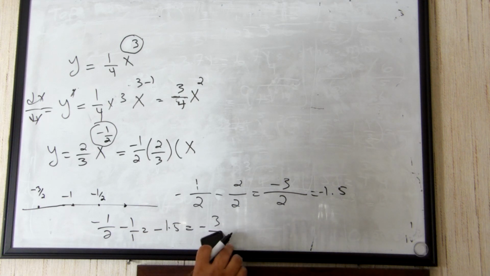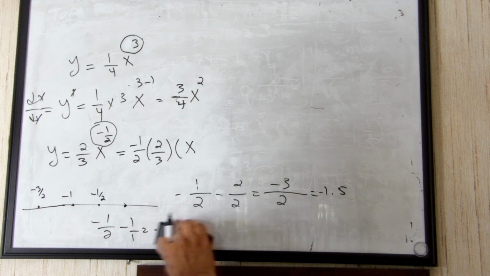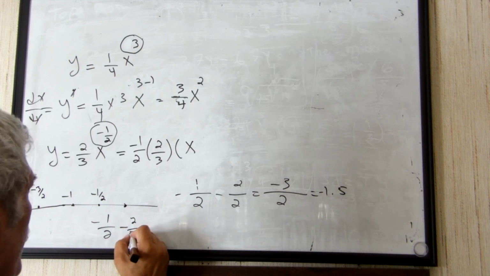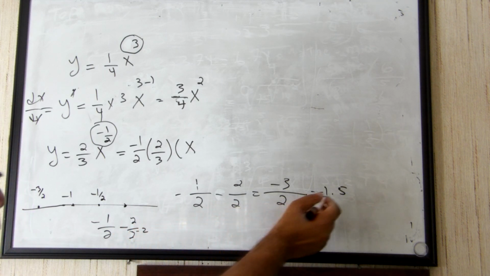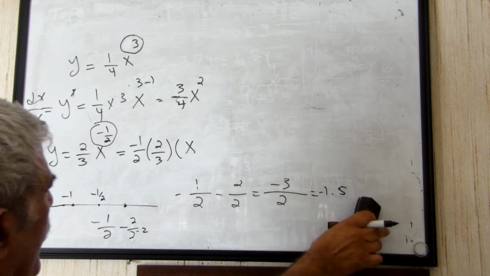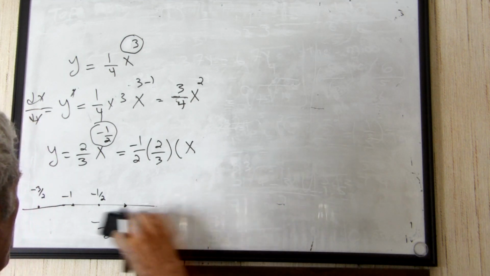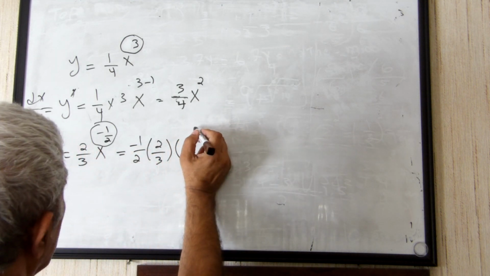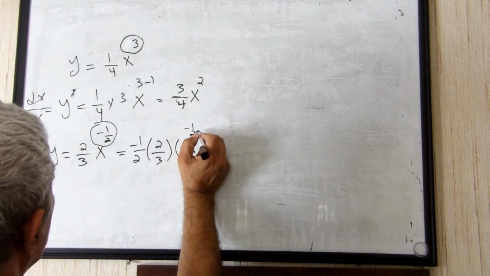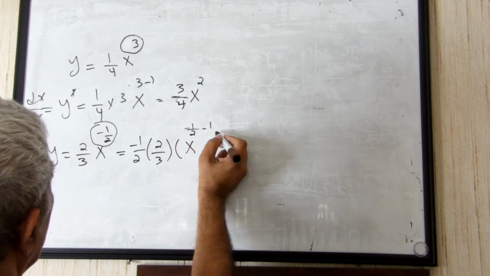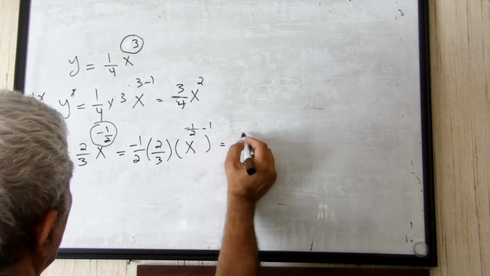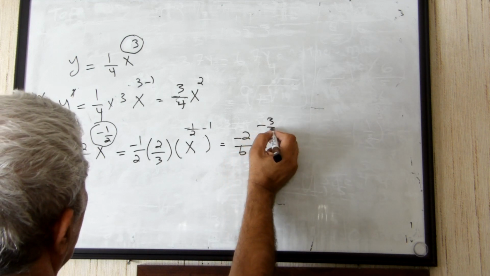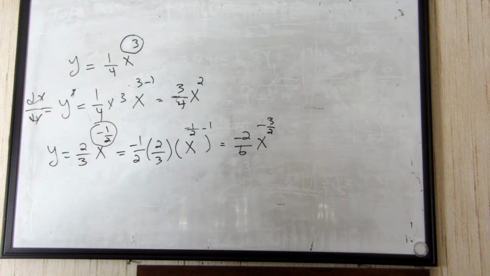Because what's going to happen here, we write the 1 over 2 as 2 over 2, as we talked about, it's going to be minus 3 over 2. So the answer here, minus 1 plus minus 1 over 2 minus 1, is going to be minus 2 over 6 times x to the minus 3 over 2.